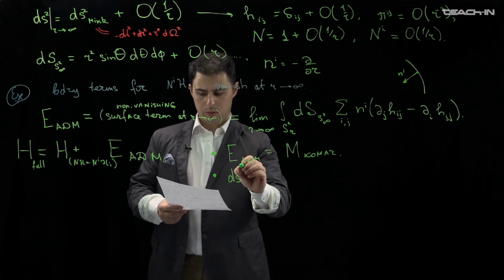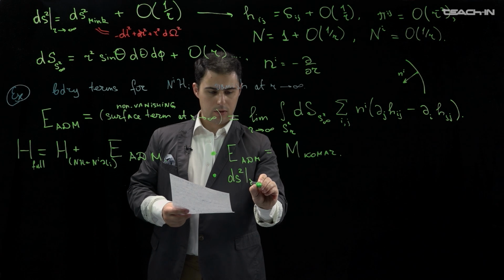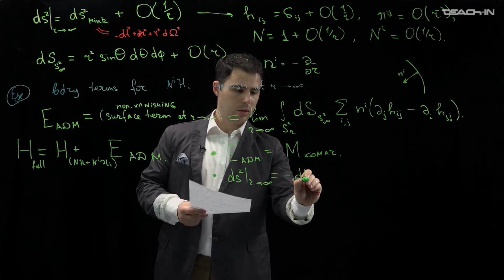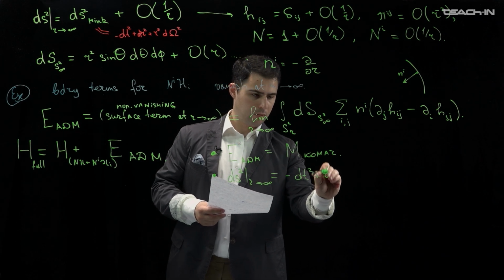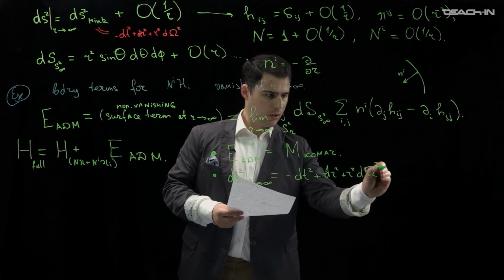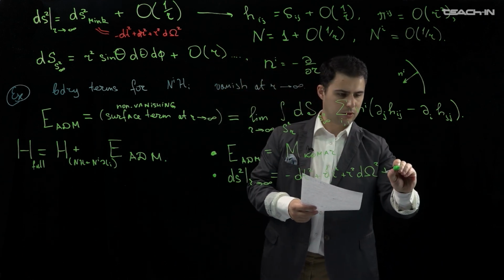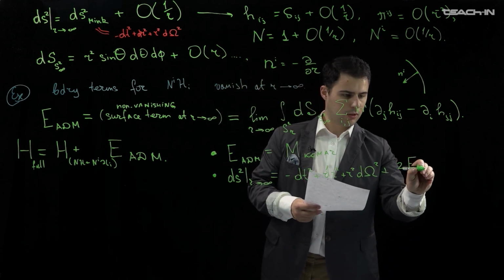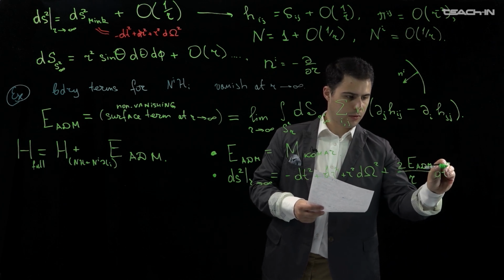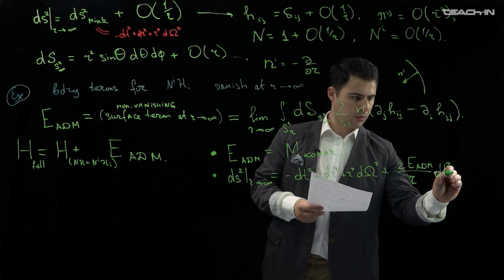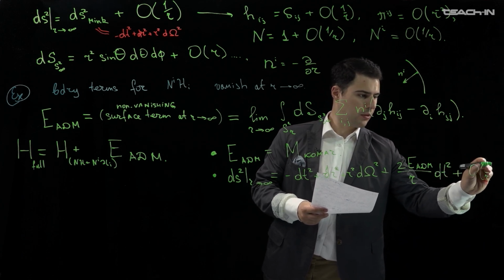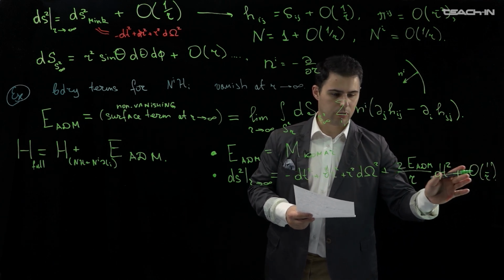So we write the metric as the Minkowski part plus 2 plus other terms.